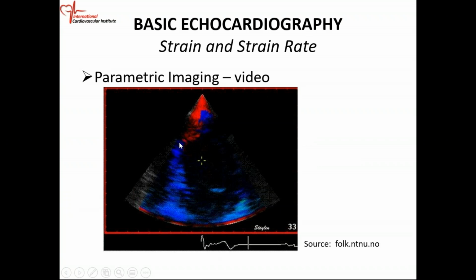And so this is a four-chamber view, and their color there. So again, as we said, the red means that the segment is moving towards the probe, and then the blue means it's moving away from the probe.